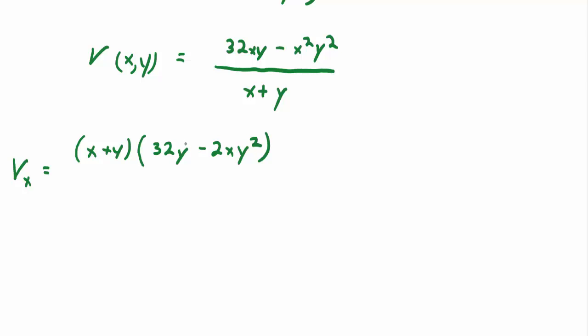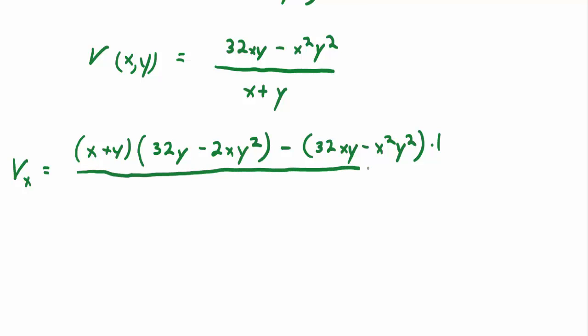That's low d high, right? Minus high, which is 32xy minus x squared y squared, d low. But what's the derivative of x plus y with respect to x? Well, I'll put the 1 there just so the notes are complete, right? And then all that over low squared.